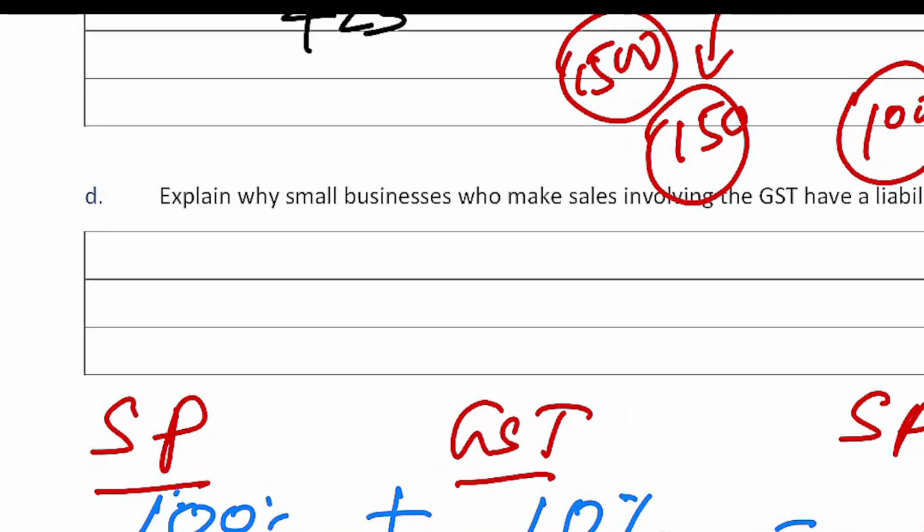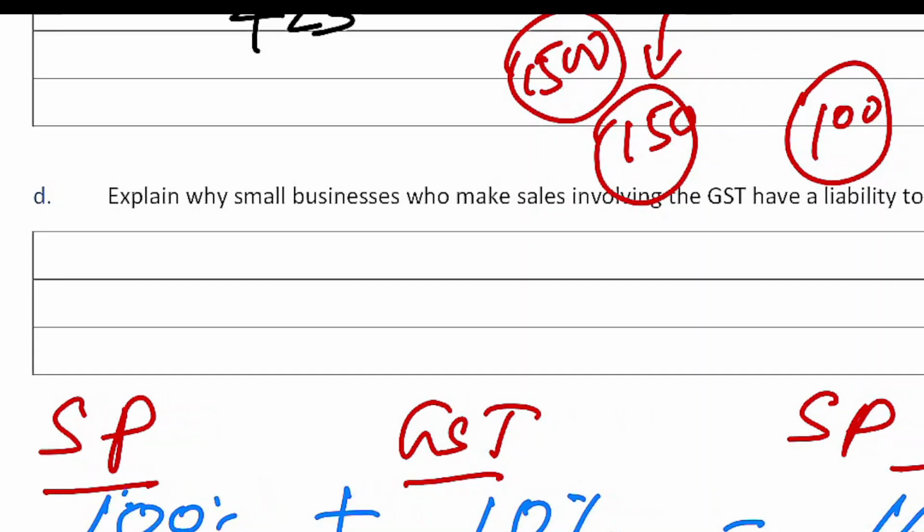Now please take down the answer. Business charges the GST on its customers at the selling price, on behalf of the ATO.